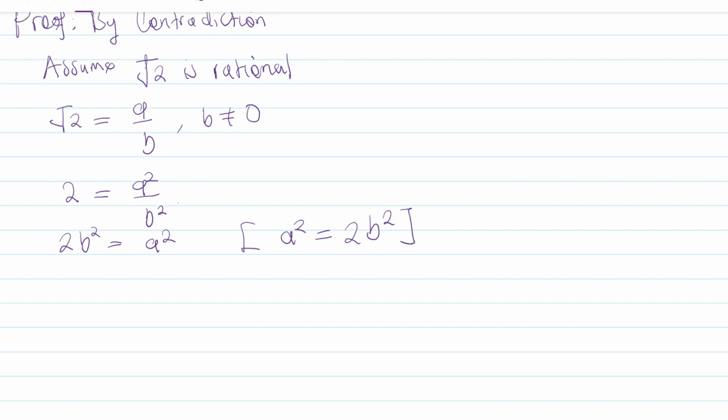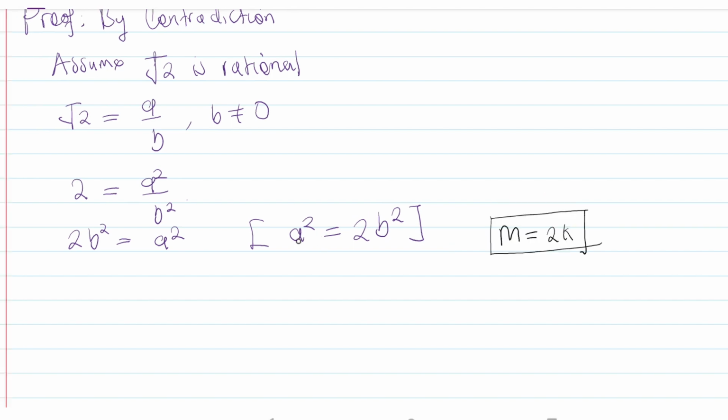You know that a number m is even if you can find a number k such that m is equal to 2k. So you can see that a squared is equal to 2b squared. So we are saying a squared is even.